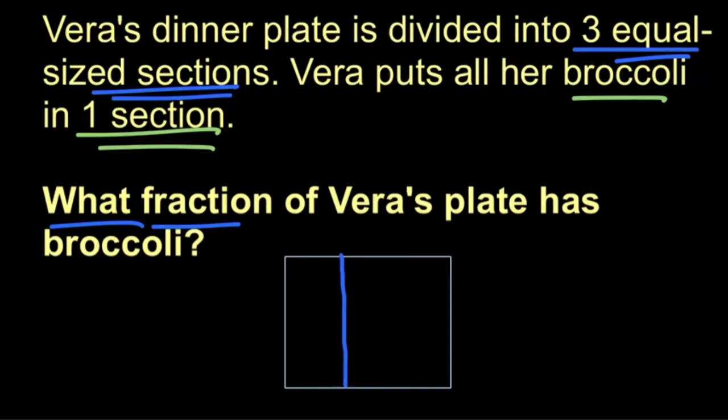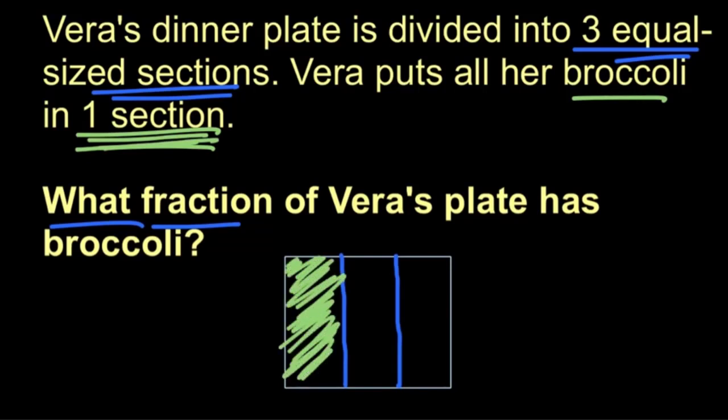This may not be perfect, we can probably do that second one a little better. But this should represent 3 equal size sections on a plate. And then we know she puts broccoli in one of those sections, so let's use green, draw some broccoli. And then look at this picture and ask ourselves what fraction of Vera's plate has broccoli.